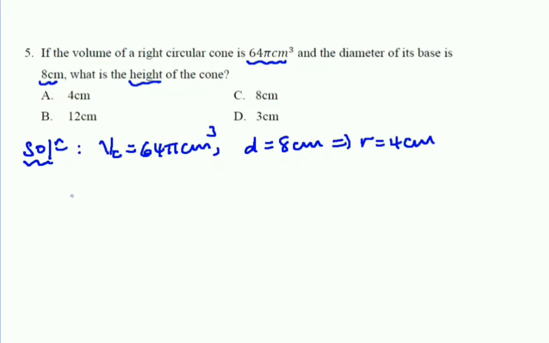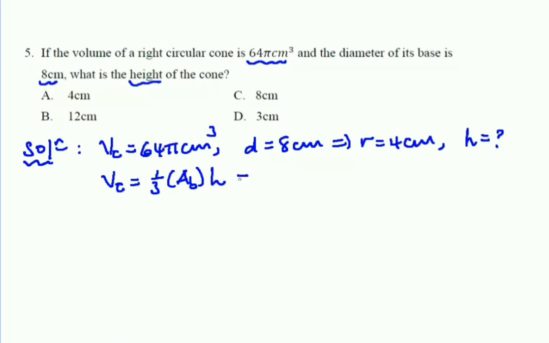So here we need to apply the formula for the volume of a right circular cone. The required thing is the height. So the volume of a right circular cone is 1/3 of the base area times h.